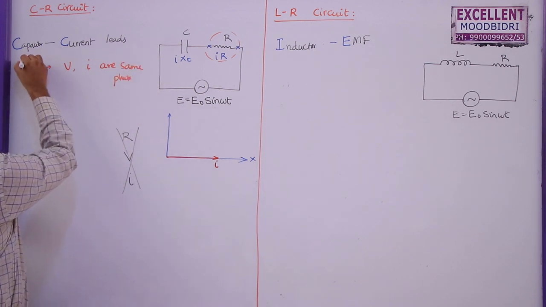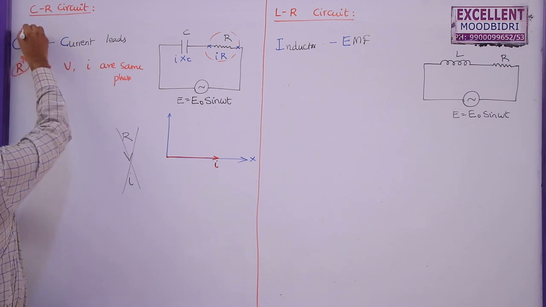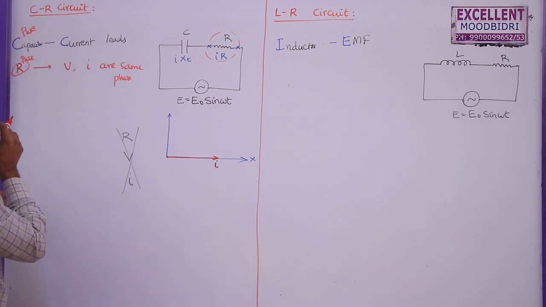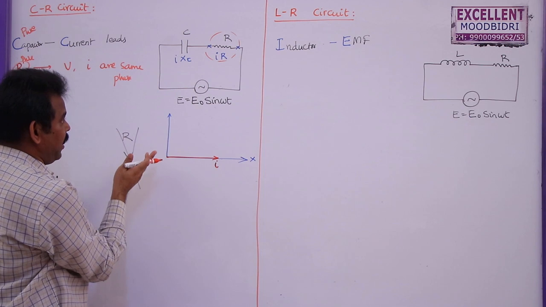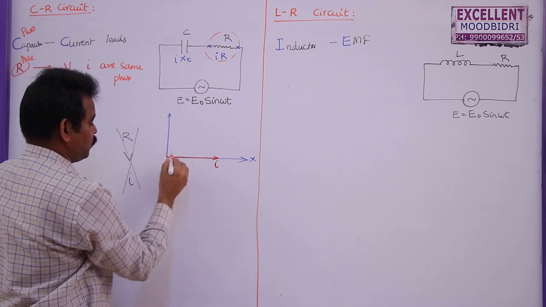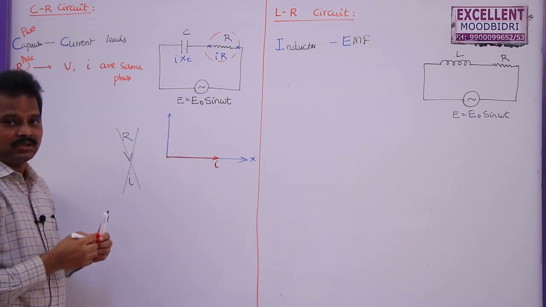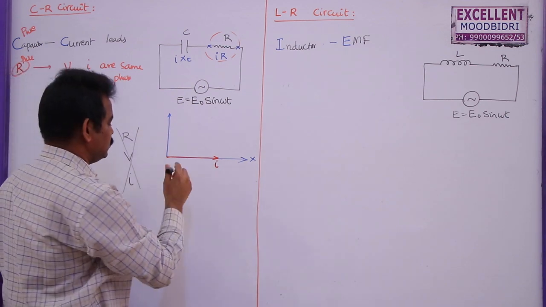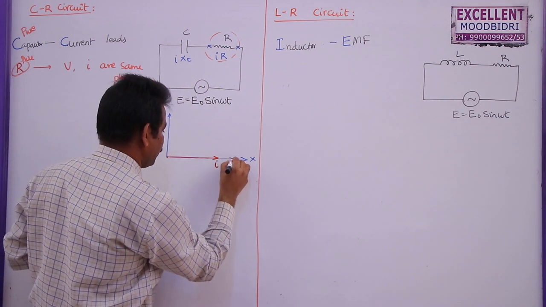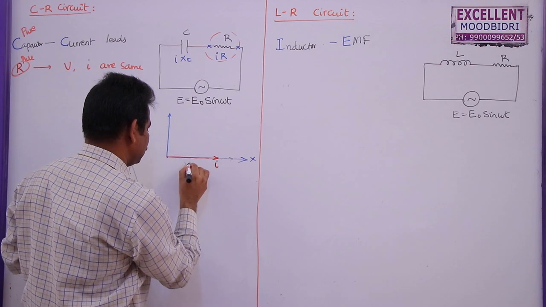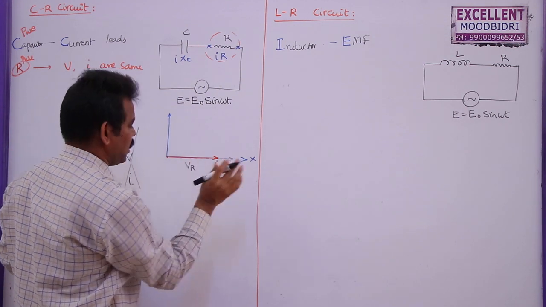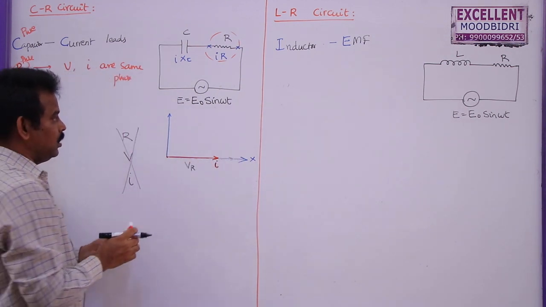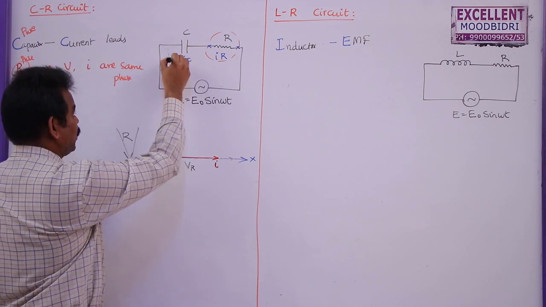In a pure resistor circuit, both V and I are in the same phase. This is the case of a pure resistive circuit, and that is a pure capacitor circuit. Now as in the case of a pure resistor, both current and voltage are in the same phase, so I am going to take the voltage across the resistor also along the x-axis. Now what about the current?